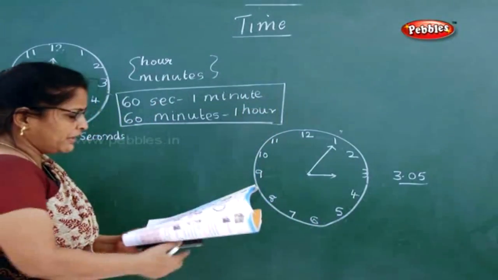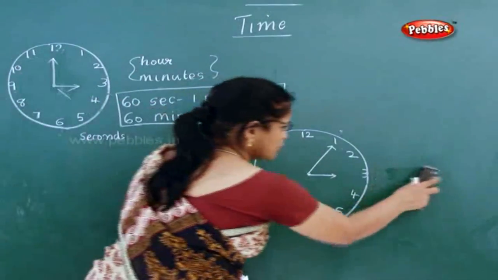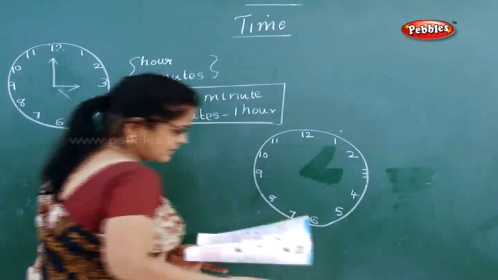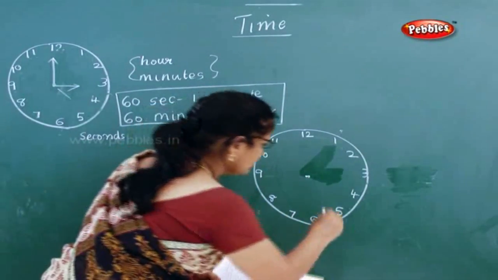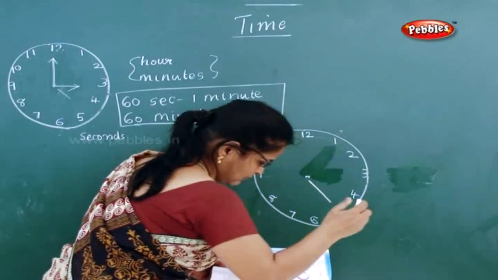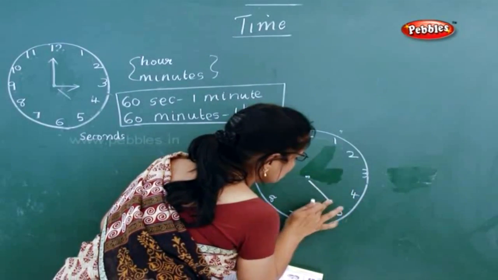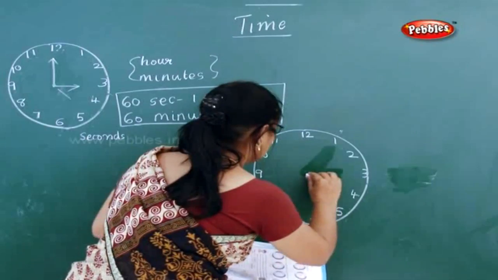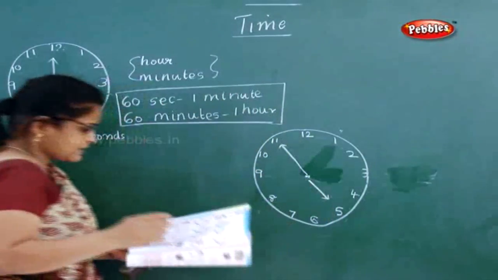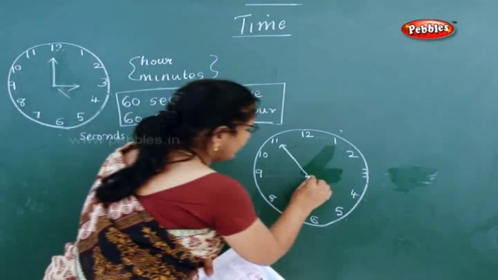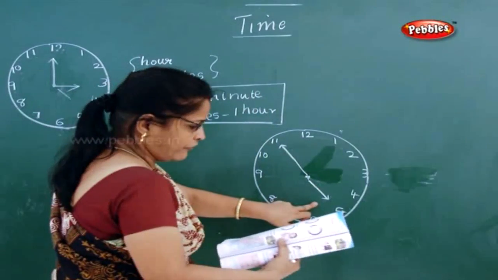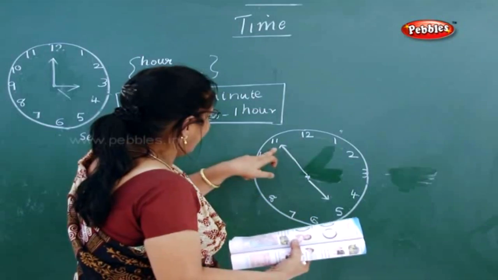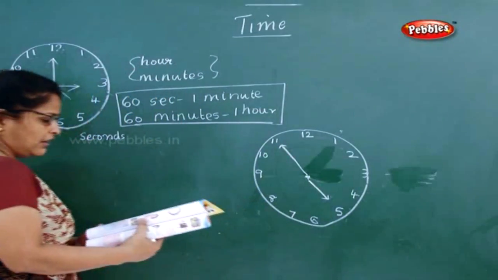Is it clear now? Now the next watch they have given: the small hand is just between 4 and 5, and the big hand is at 11.